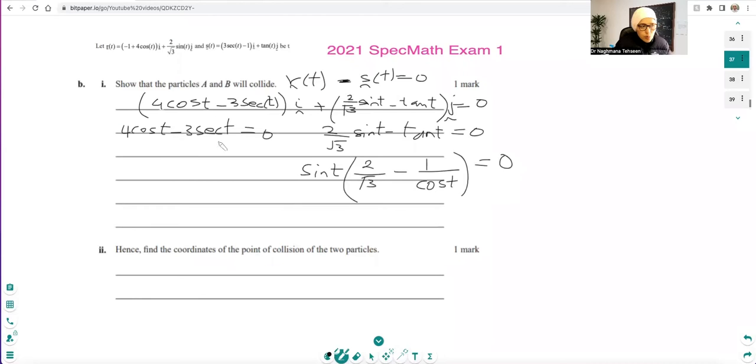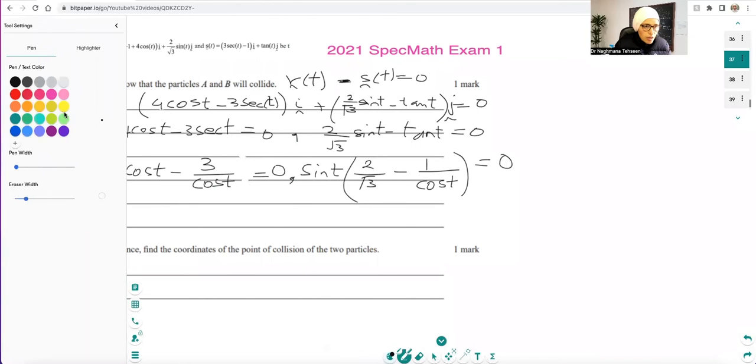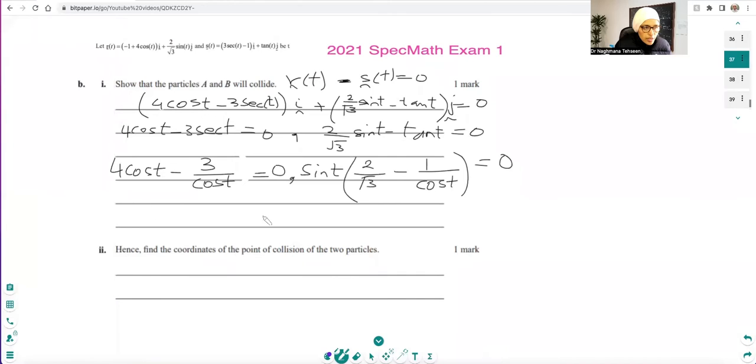If we look at this one, I can rewrite it as well. 4 cos of t minus 3 secant is minus 3 over cos of t, right? That is equal to 0. What does that mean now? There's a comma in between, so we want to find where both of these equations hold.